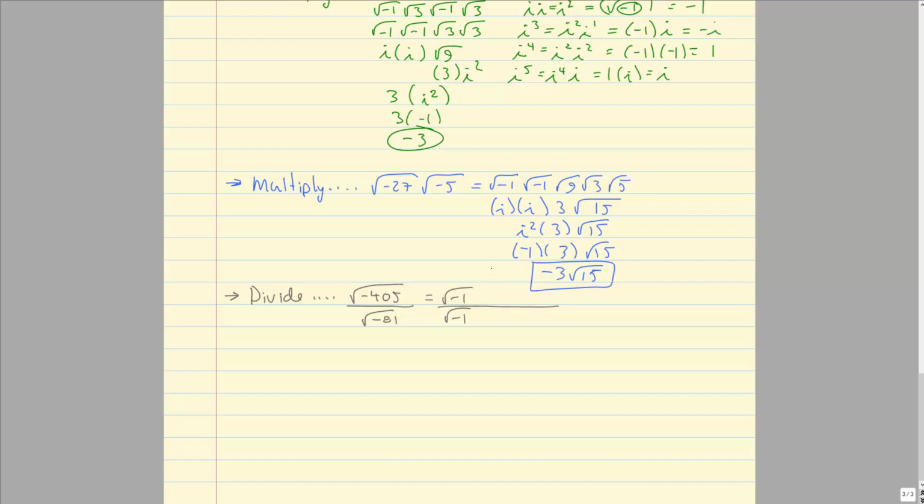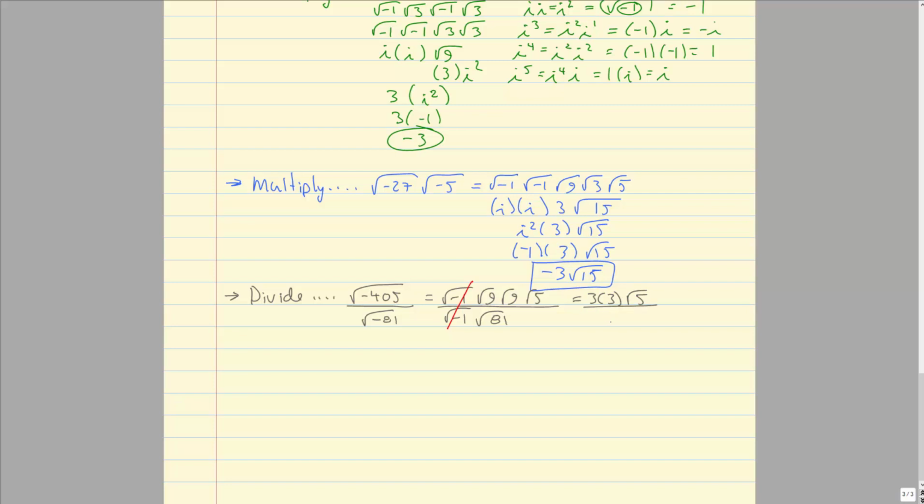Now 405 is divisible by 9 at least. I think we could break it down into root 9, root 9, root 5. And then down here, the square root of 81 is a nice one. So simplifying, the square root of negative 1, top and bottom, cancel. Square root of 9 is 3. Square root of 9 is 3. Square root of 5.